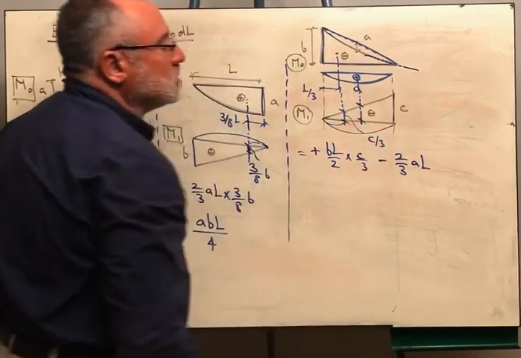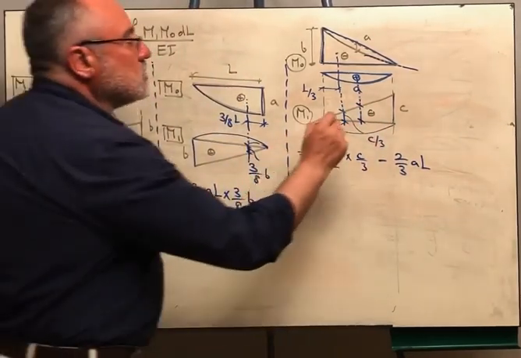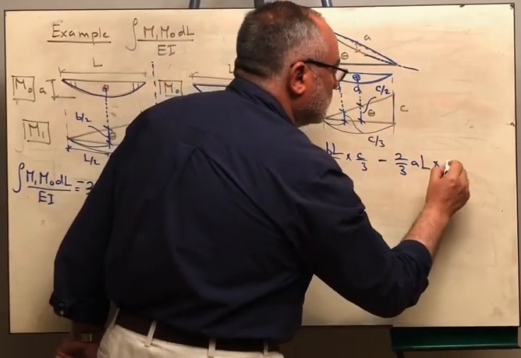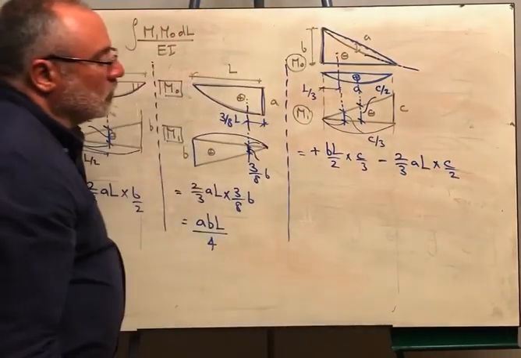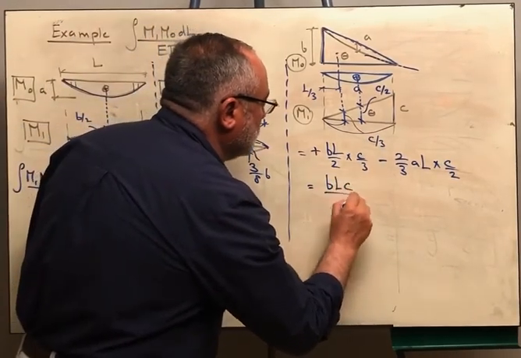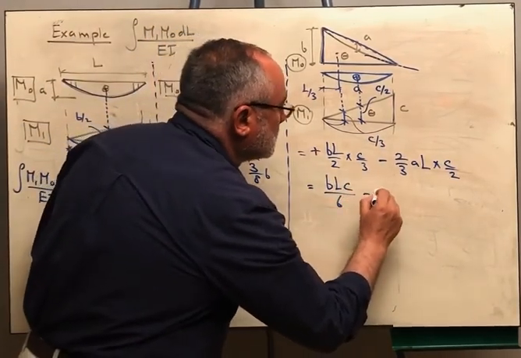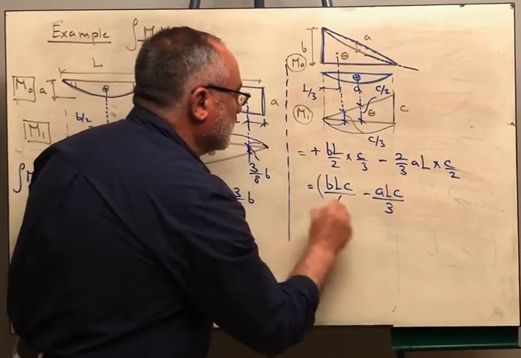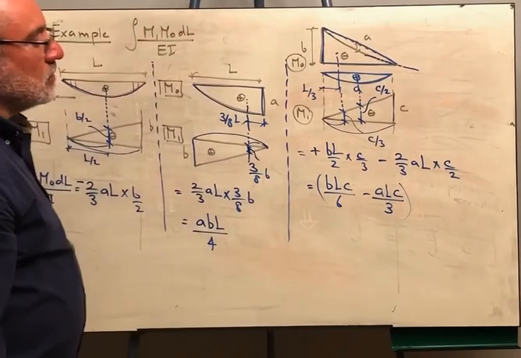You need to get the respective ordinate. Because it is in the middle, this value is C over 2. So this means that this is BLC over 6 minus ALC over 3. Okay, this is the result of integration.